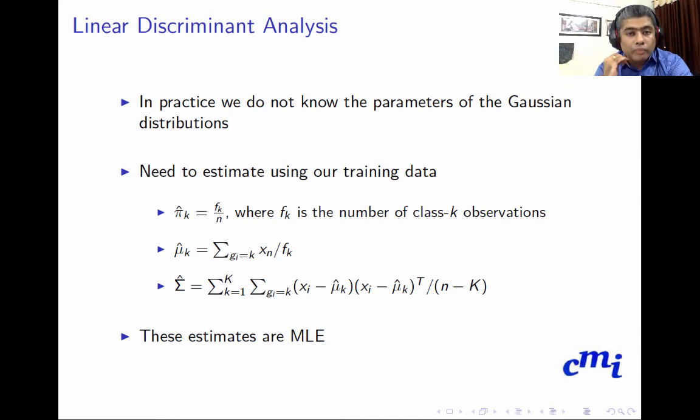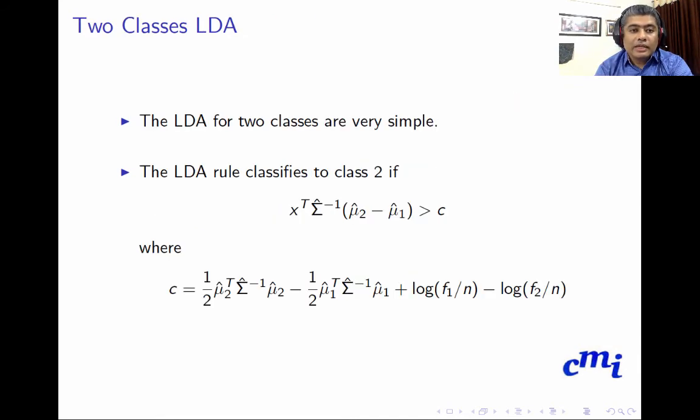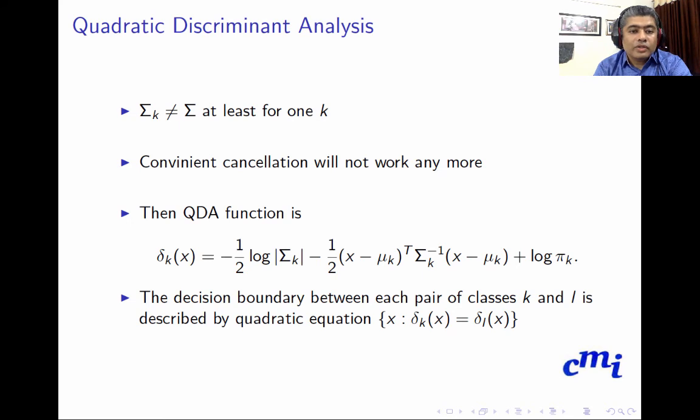This is a simplification of the two-class linear discriminant analysis. If you do the simple math, you can come up with this solution. Again, it shows you that everything is available in a mathematically closed form solution. If you assume sigma k is not equal to sigma for at least one k, the convenient cancellation will not work anymore.